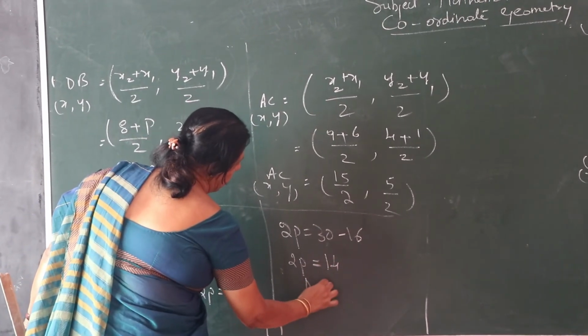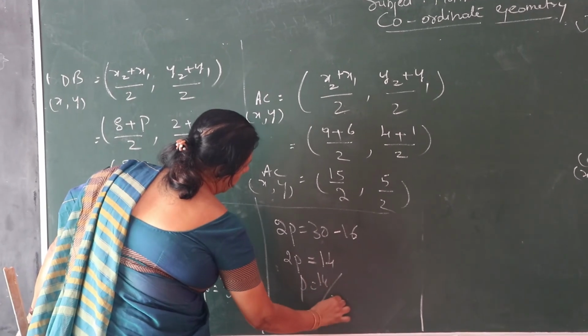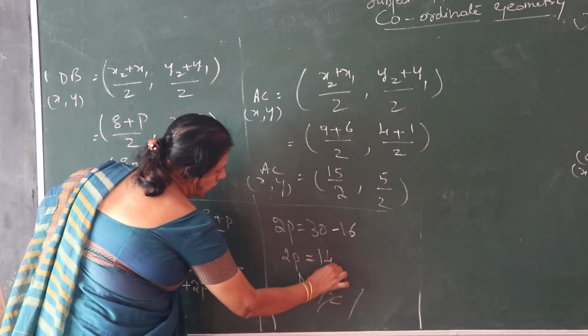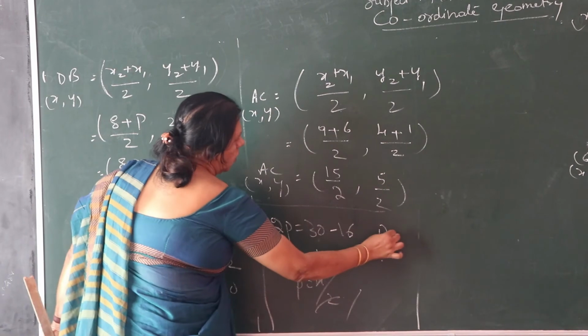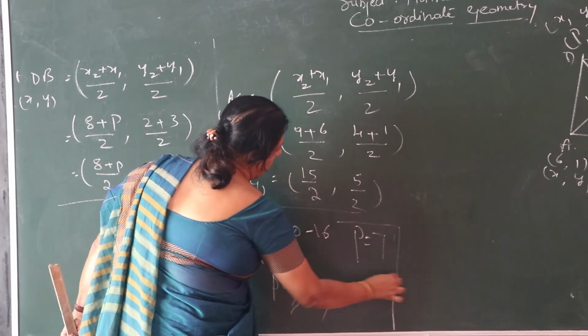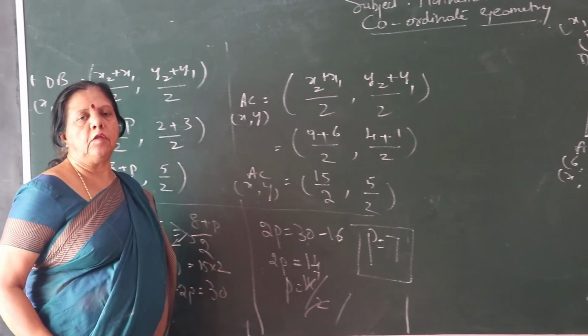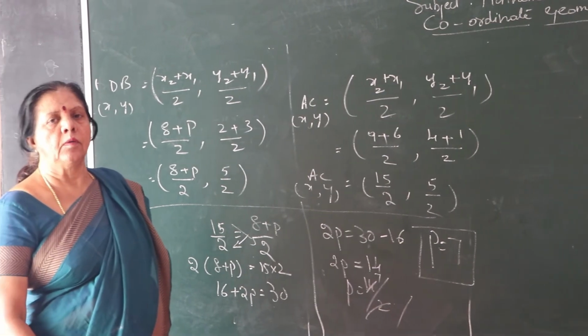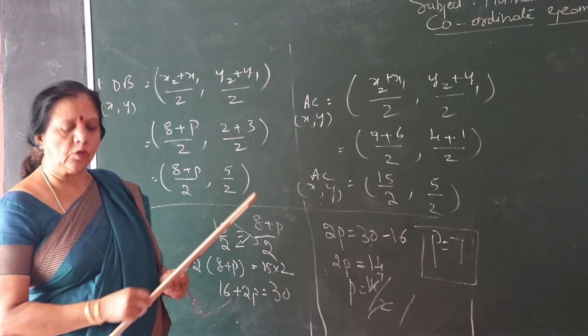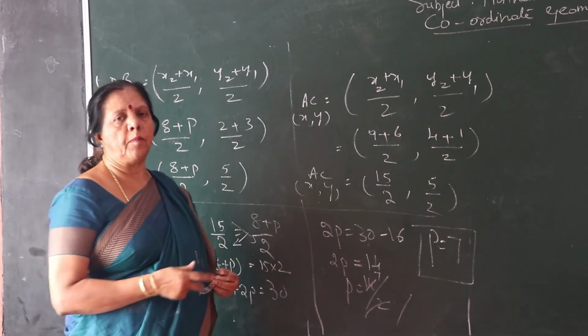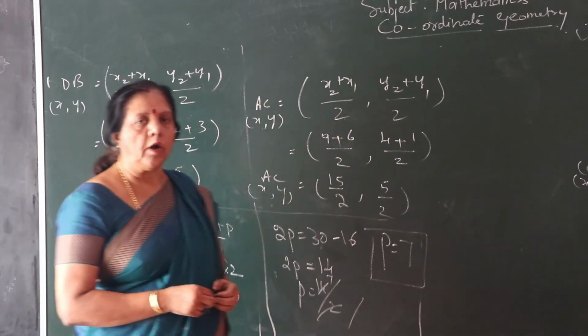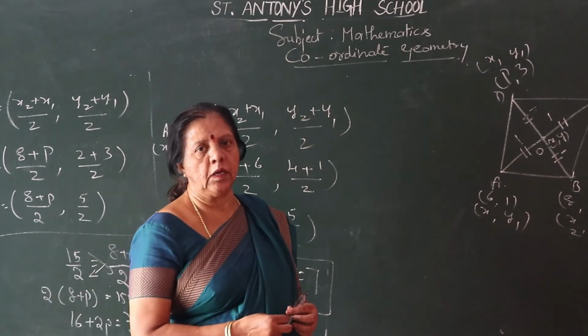Therefore p is equal to 14 by 2. 2 sevens are 14. P is equal to 7. This is what we want. Perfect. So this is the way you have to solve the problem under coordinate geometry.